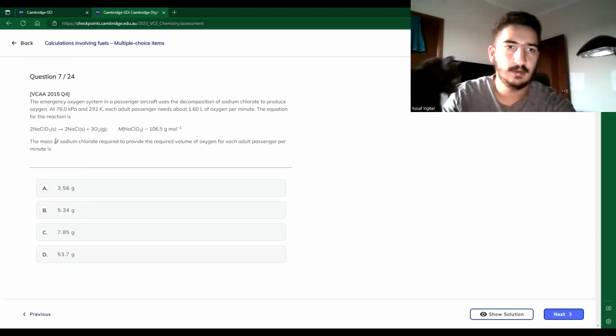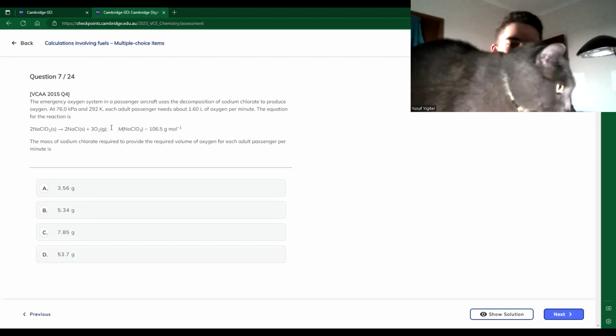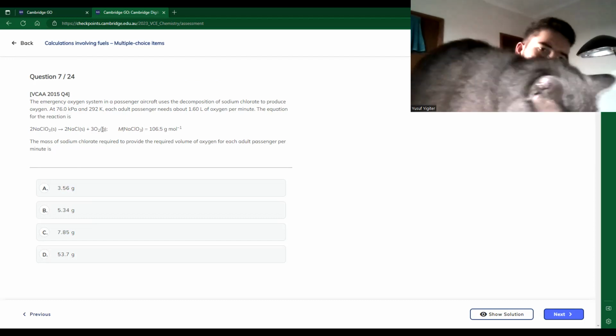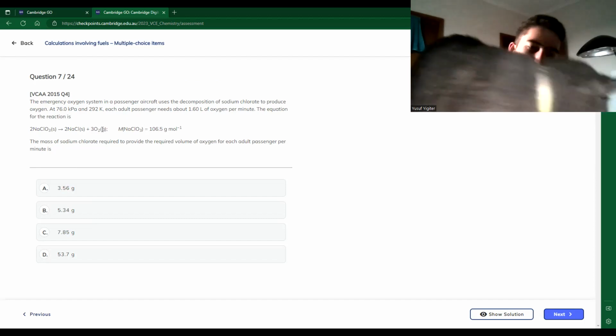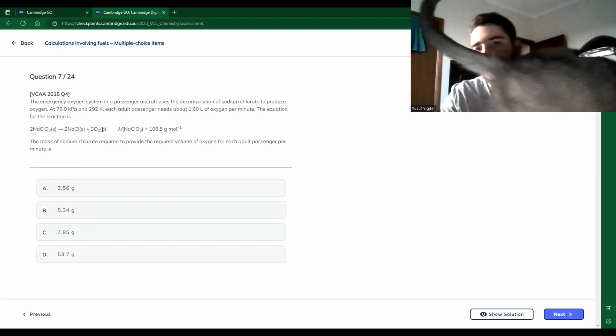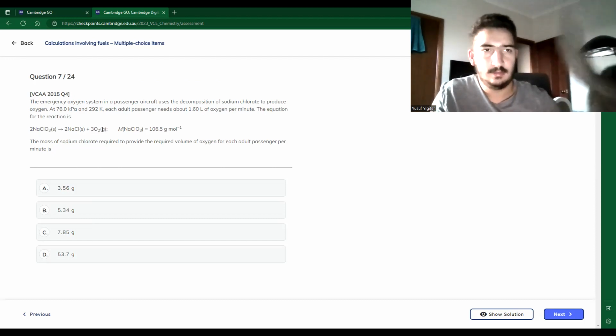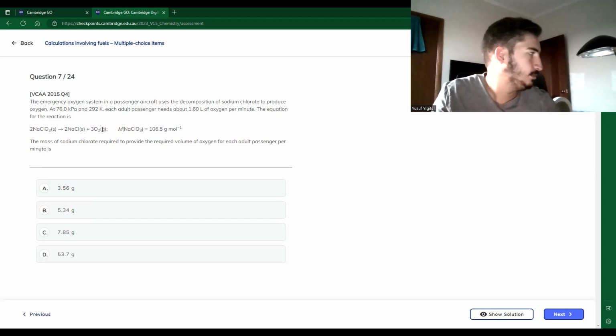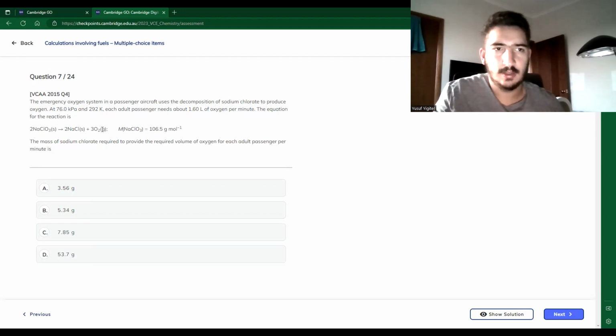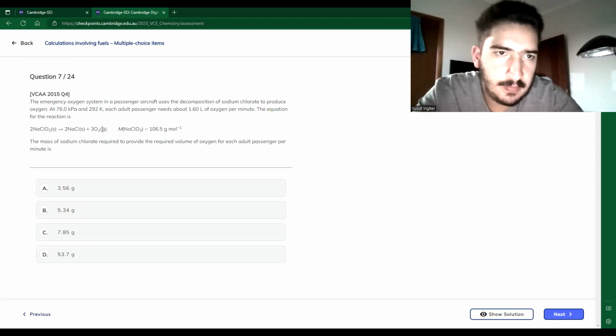The mass of sodium chlorate required to provide the required volume of oxygen for each adult passenger per minute is. Okay.